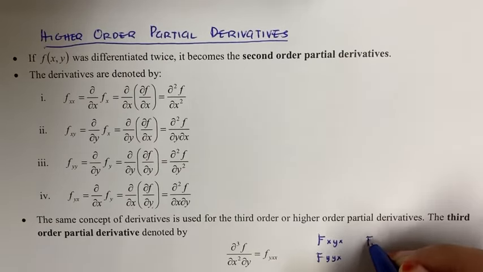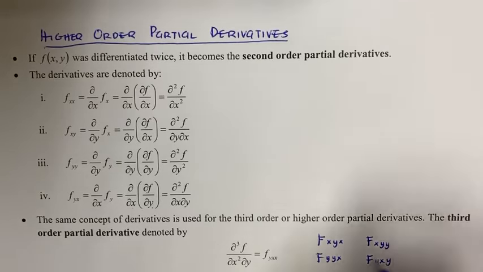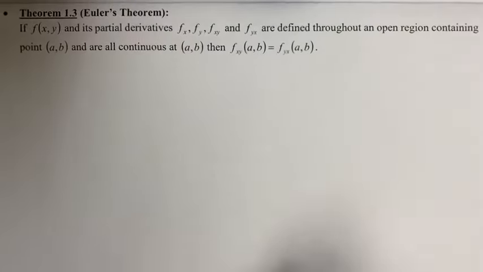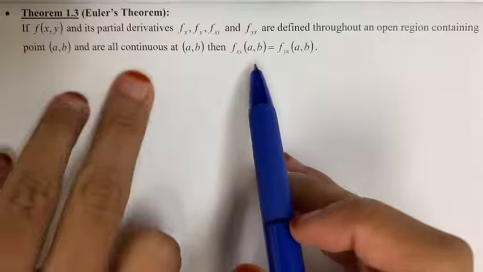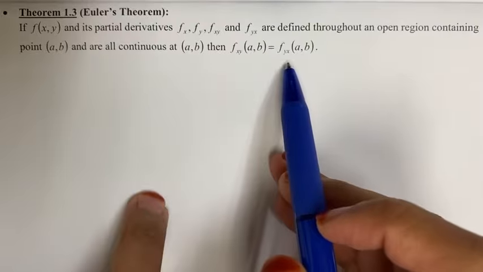You can have f_xyy. You have f_yxy instead of this f_yxx. You can have a lot of combinations for the third order and the fourth, fifth, and higher order of partial derivative. And later on, you will find that some f_xy is equal to f_yx.